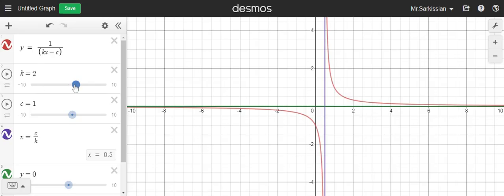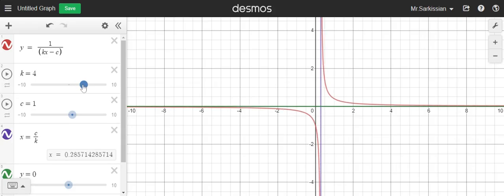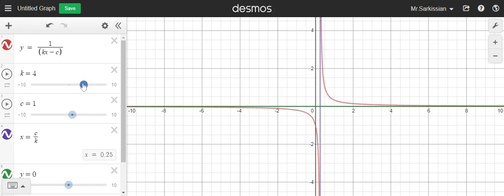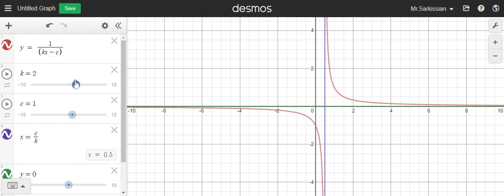So if this is like 4.5, it's going to be by a factor of 1 over 4.5, because the x coordinates of the points on the graph are being divided by 4.5. So that's why we say by a factor of 1 over 4.5. Anyhow, that's the effect of k. If k increases, the graph starts horizontally shrinking more and more by a bigger factor. And if this factor is smaller, then it doesn't shrink that much.